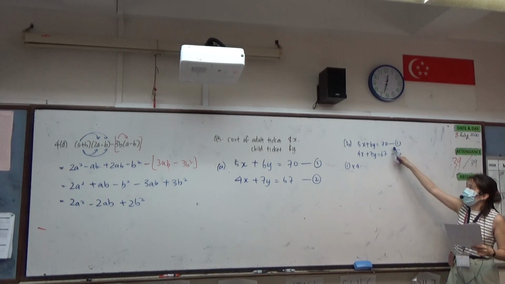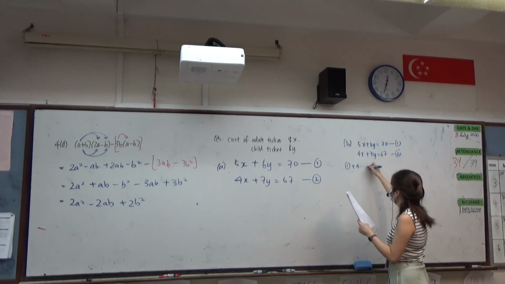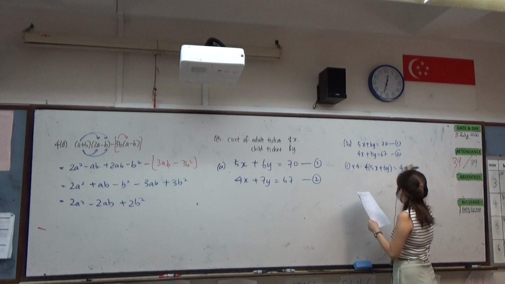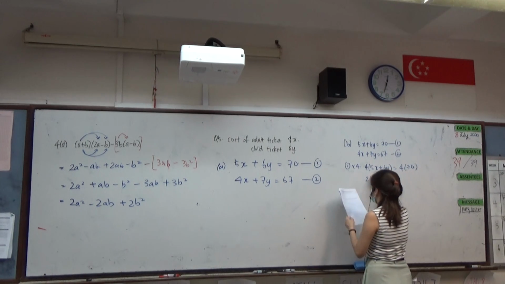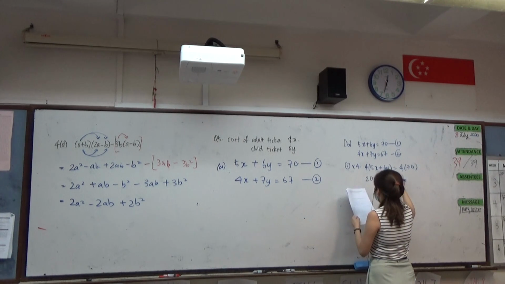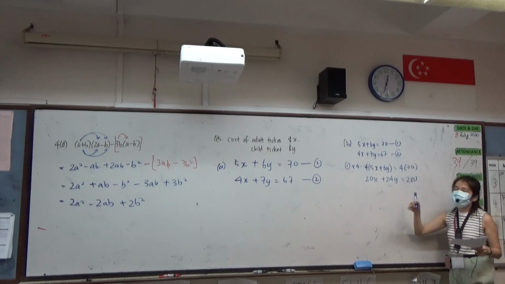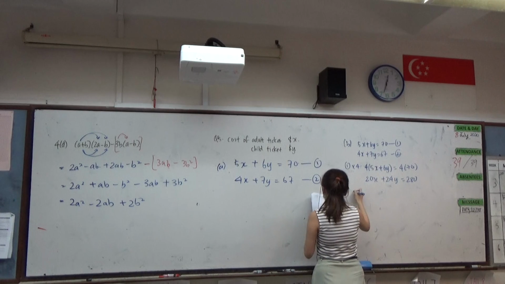So in equation 1, I can multiply by 4. And I will have this. Then in equation 2, I'll multiply by 5.